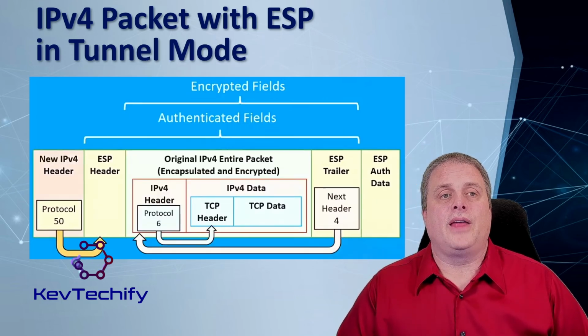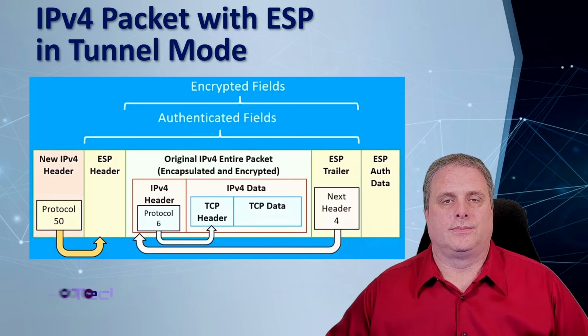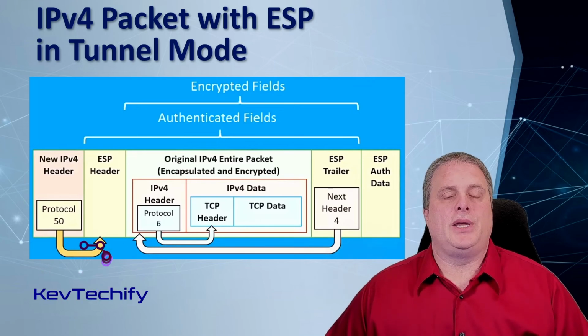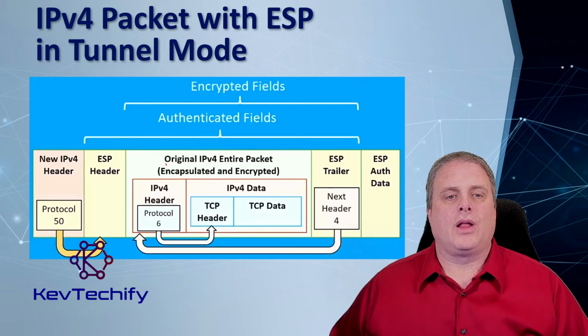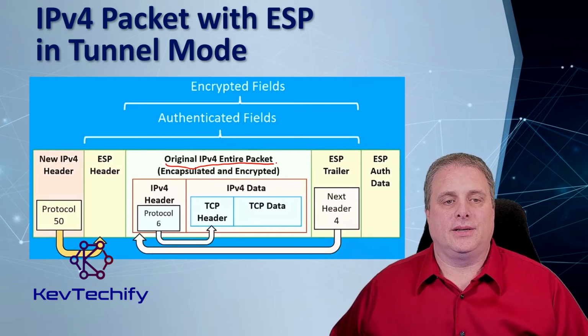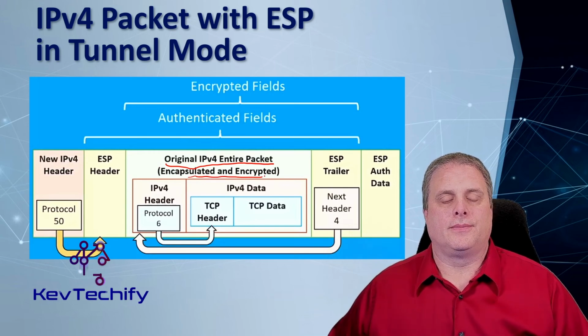Now, let's compare that to tunnel mode, which is used in VPN tunnels. In this case, the original IP version 4 packet is encapsulated and encrypted.